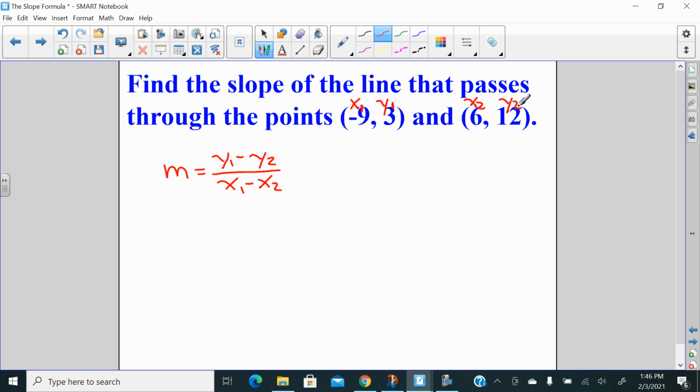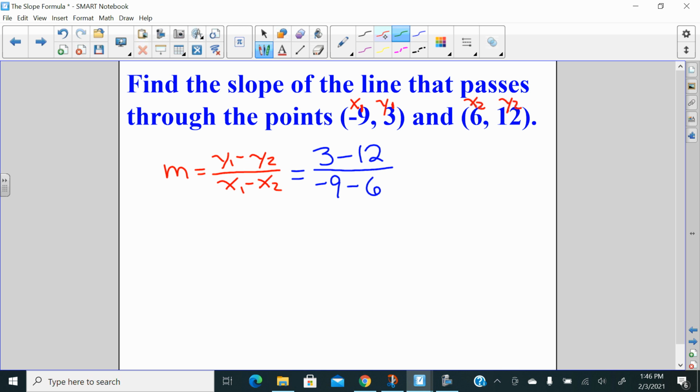Remember, all ordered pairs consist of an x and a y. So, next step, fill in the formula. y1 is 3 minus y2 is 12. x1 is negative 9 minus x2 is 6.